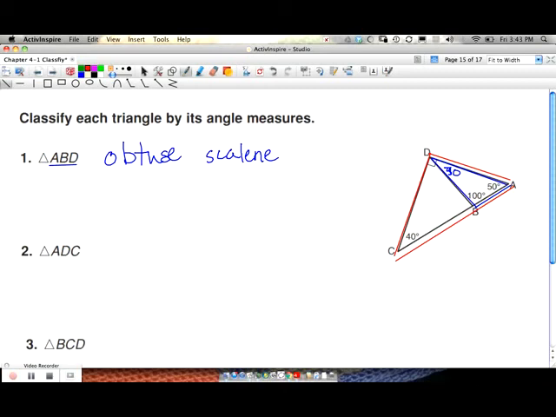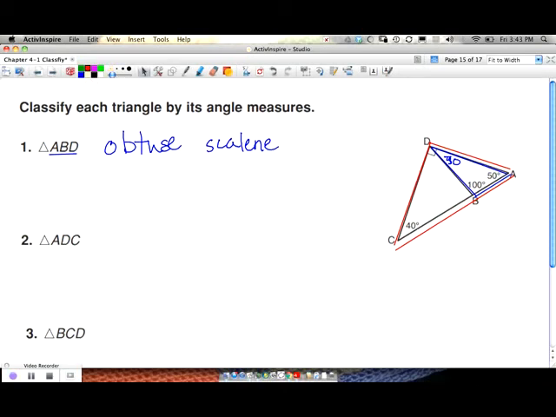That was 30. That means that this in here is going to be 60. That's 40, so that means this is 80. That piece in there, this one on the inside, BCD, is going to be acute and scalene. These are all scalene because there's nothing that match. There's no sides that match.